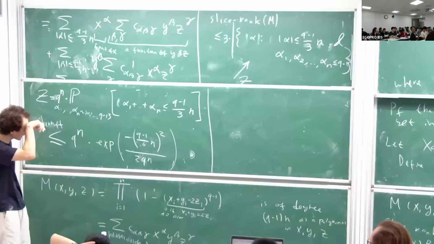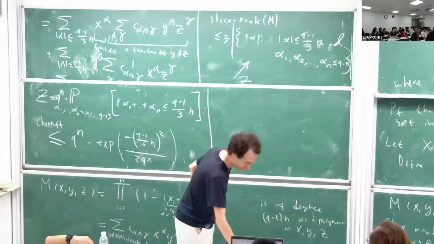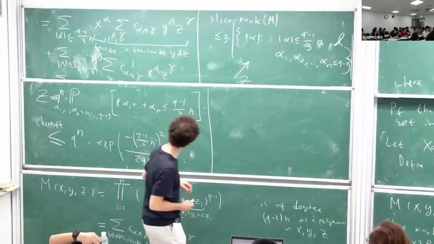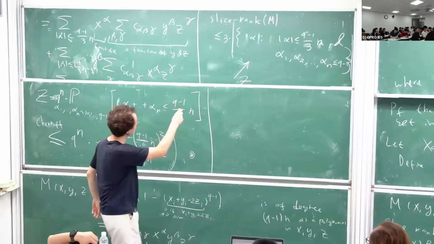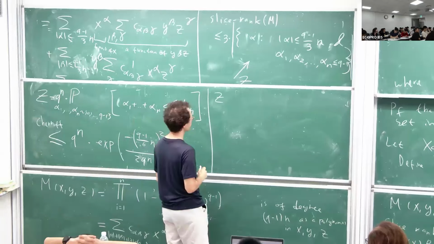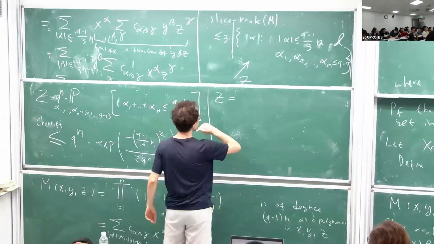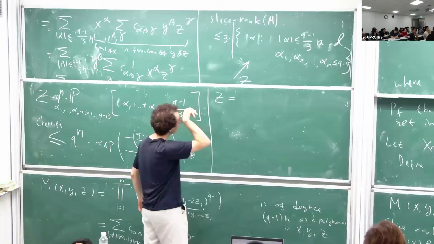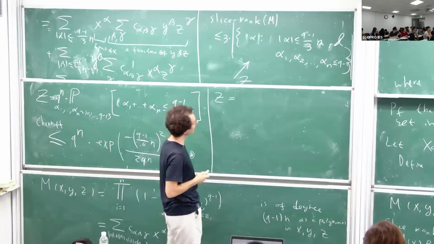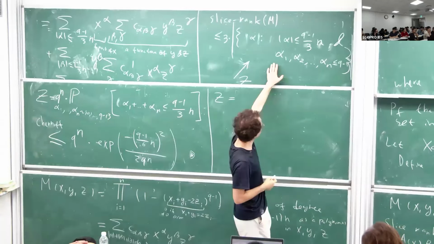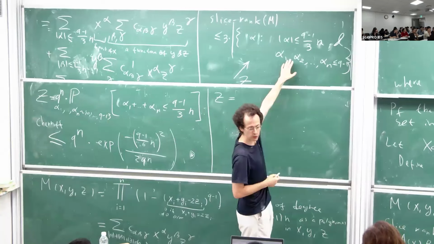So we are counting Z, and we're going to ask how many of the alphas are equal to 0, how many equal to 1, how many equal to 2, etc.